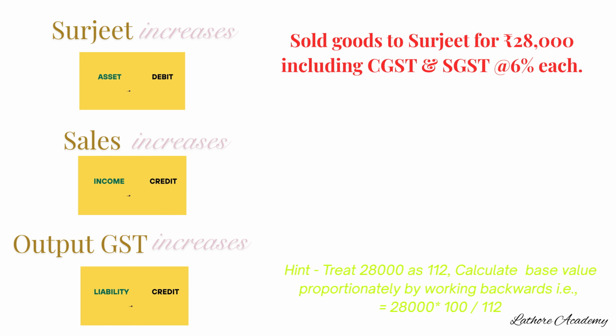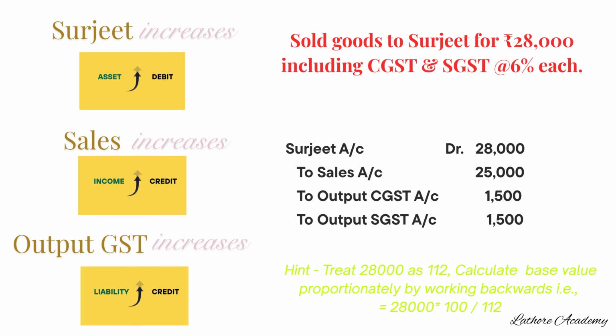So suppose the 28,000 is actually representing 112, because 100 plus 12 is 112. So for 112 it is 28,000, for 100 it is how much? When you calculate like this, the sales value you will get is 25,000.